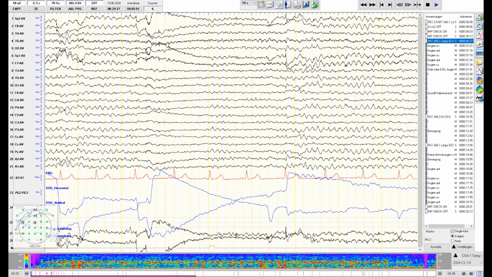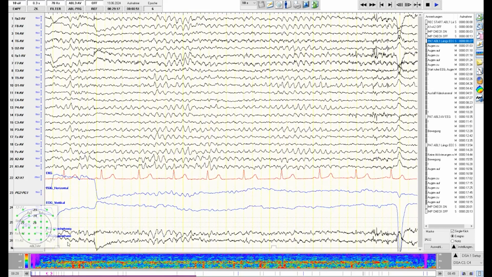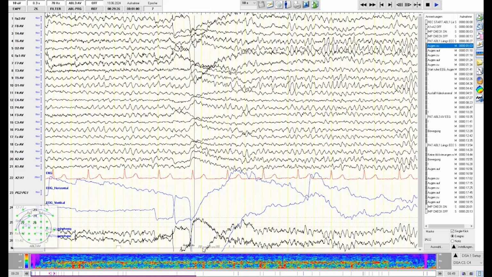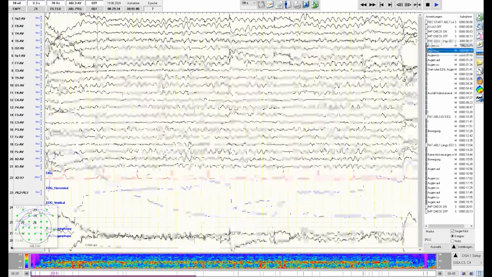If you now scroll through the EEG recording of the following 8 seconds, you see here eyes closed. The subject closes the eyes, and normally you see alpha rhythm occurring. Before, with the open eyes, you should not have alpha rhythm. So this patient has alpha rhythm with eyes closed and eyes open, which is a sign that the patient might be quite tired.